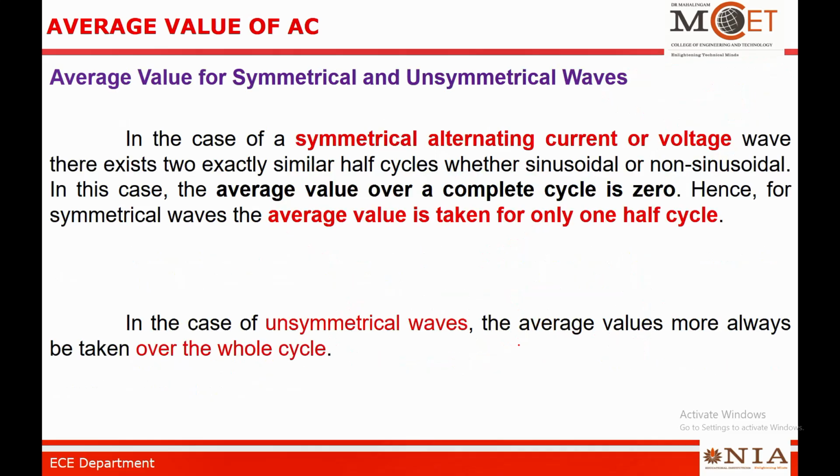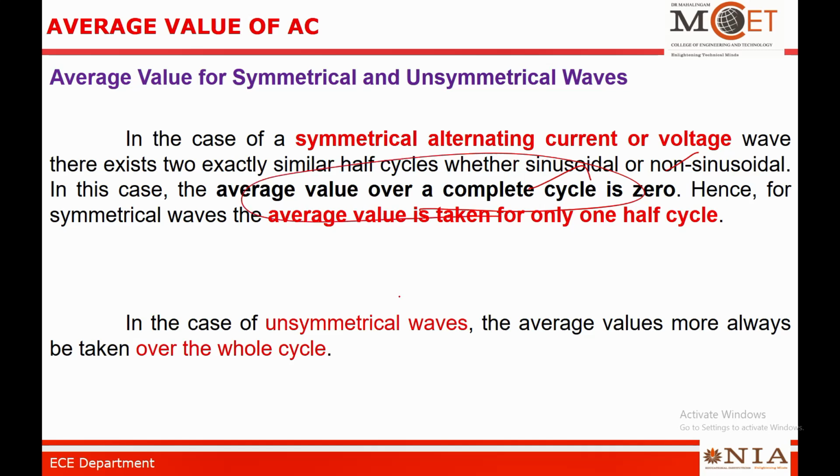Now we are going to discuss the average value for symmetrical and non-symmetrical waves. If we have a symmetrical alternating current and voltage wave, there exist two exactly similar half cycles, whether it is a sinusoidal or a non-sinusoidal wave. In such cases the average value over a complete cycle will be equal to 0.